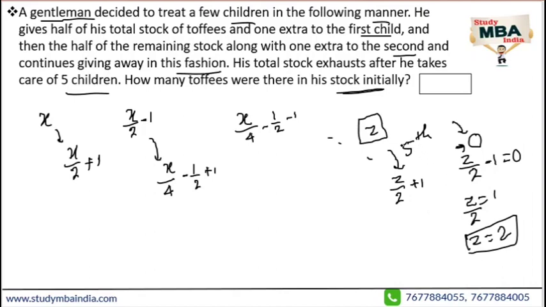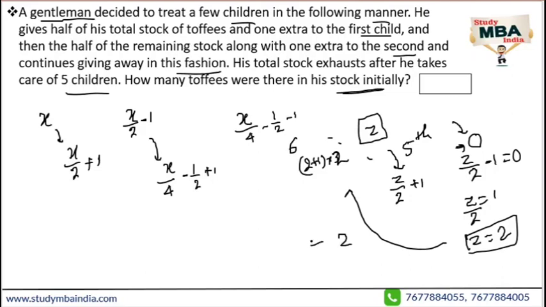Before giving to the fifth child, he had 2. Now before giving to the fourth child, how many chocolates did the gentleman have? That is 2 plus 1, which is 3, into 2. Sorry, 2 plus 1 into 2, that is twice, so that is 6.